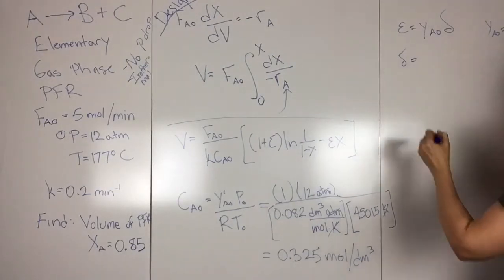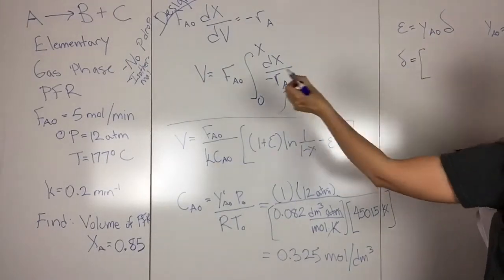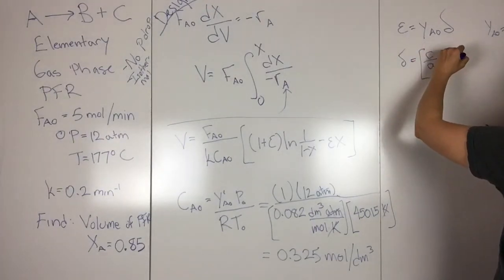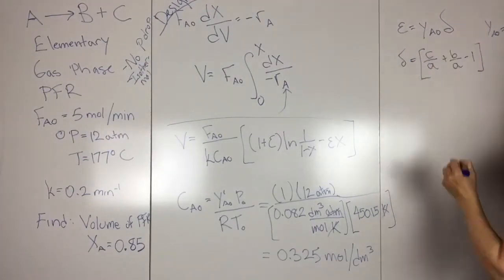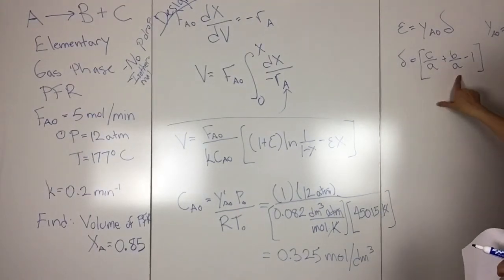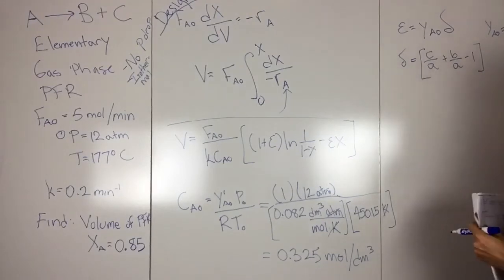Delta is equal to, in this case, C over A plus B over A minus 1. If you don't understand where this came from, you need to review that because this is pretty important.